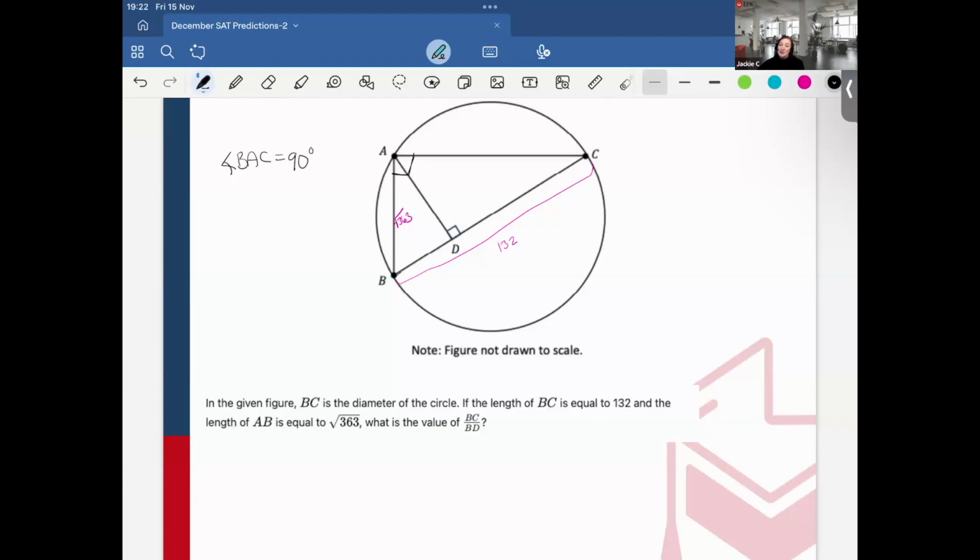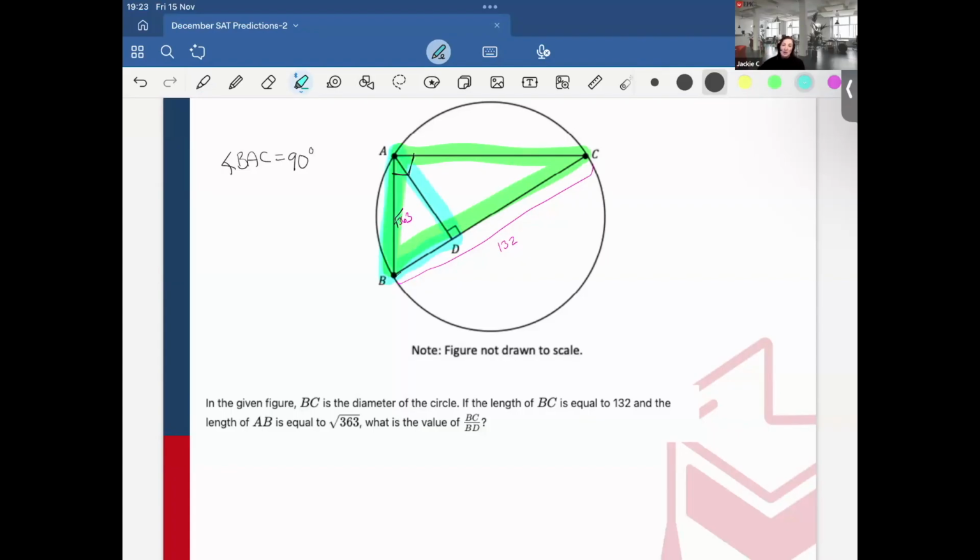Alrighty, so then I know that triangle ABC is a right triangle, right? And then I also have another triangle, ADB, so this triangle here. It's 90 degrees.